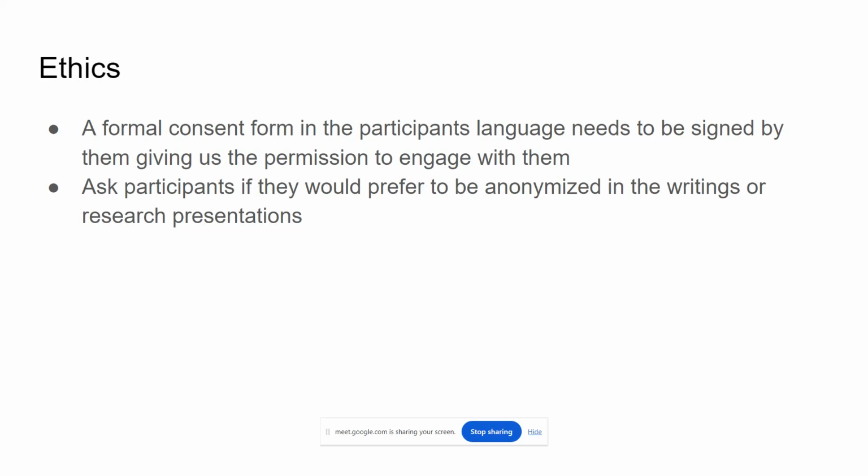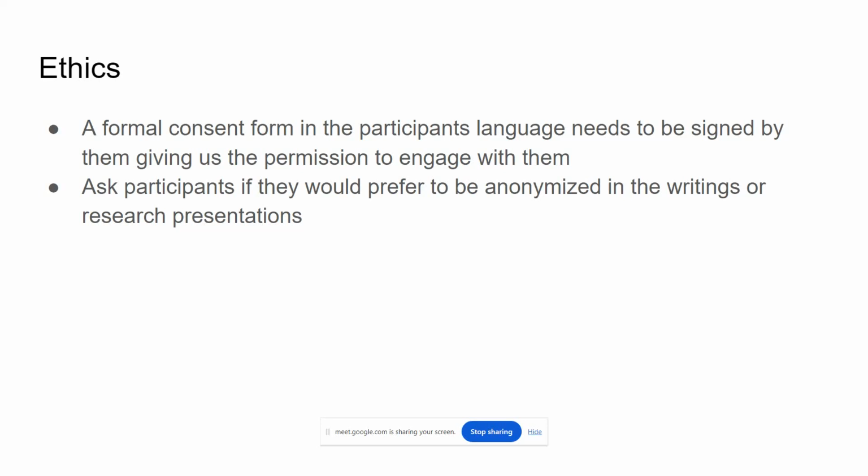Everything has to be very clear and transparent in front of the participants, right? Then you have to ask the participants if they would prefer to be anonymized in the writings or research presentations. Many participants do not want their identity to be revealed. So in that sense, you have to anonymize them, maybe give them false names, or if you're using their pictures, blur their faces so that nobody recognizes them.